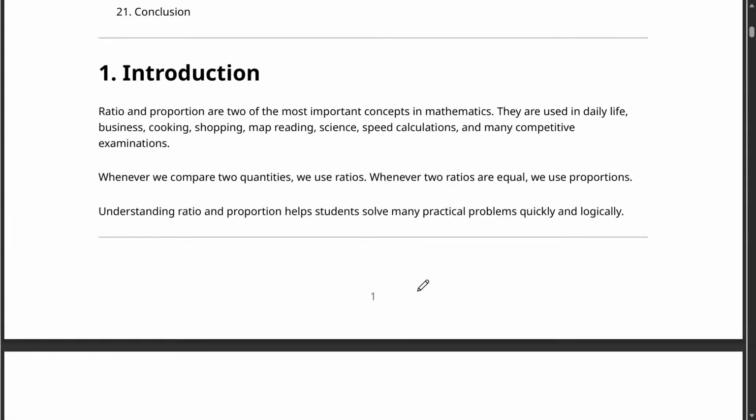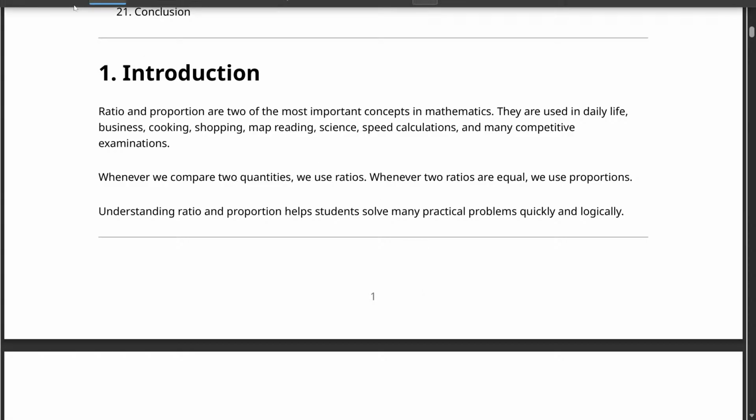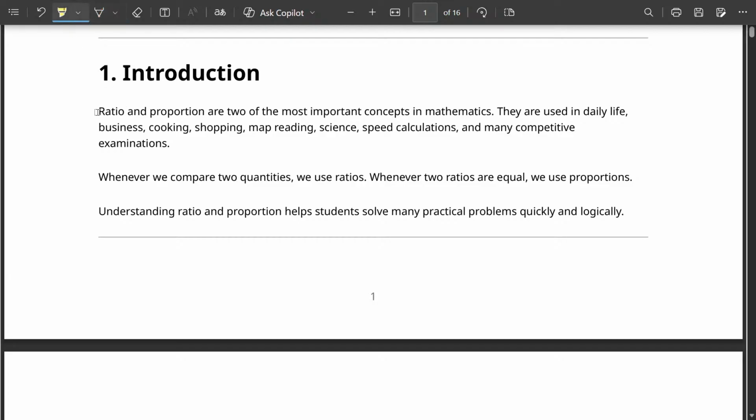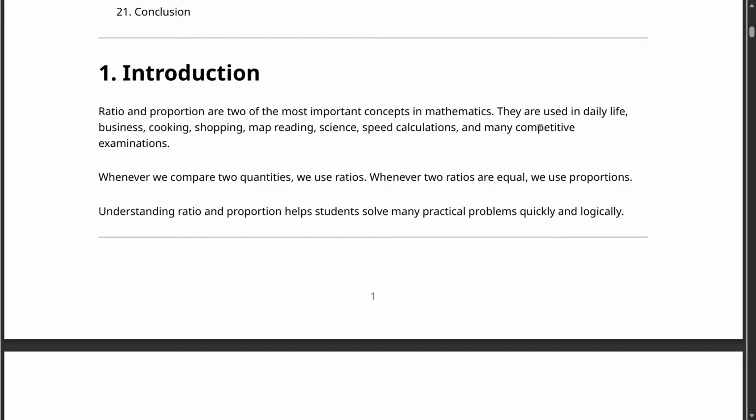Introduction. Ratio and proportion are two of the most important concepts in mathematics.